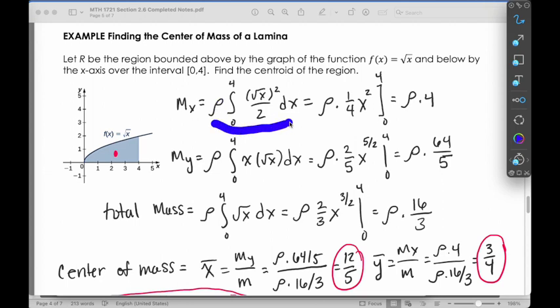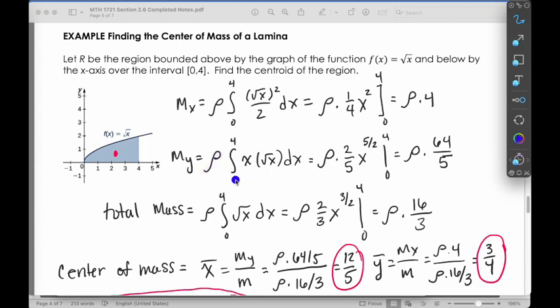So when we integrate this, keeping in mind that this is some constant value, so make sure you carry that with you, you're going to get that the integral itself is 4, but then when you multiply it by your density, that's going to be rho times 4.